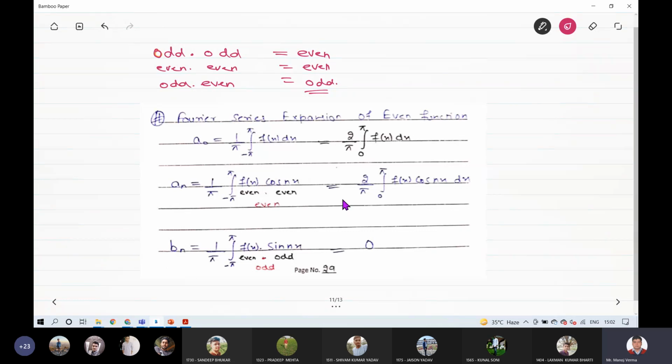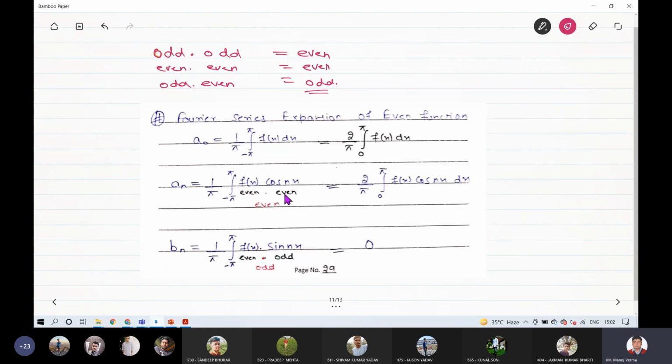Similarly, a n I have to calculate, because as the function f(x) is even, and the trigonometric function multiplied in case of a n is cos nx, which is also an even function. Sin nx is an odd function and cos nx is an even function.